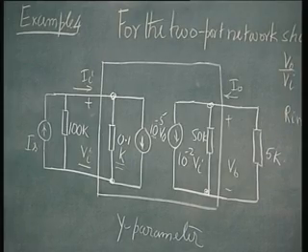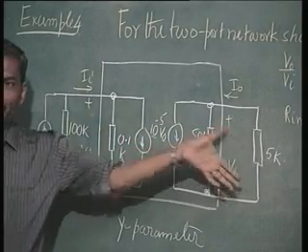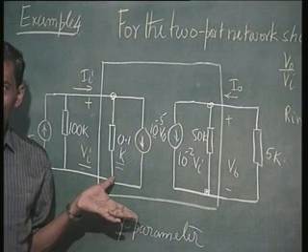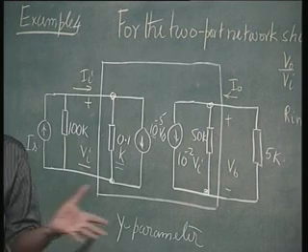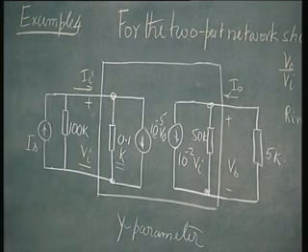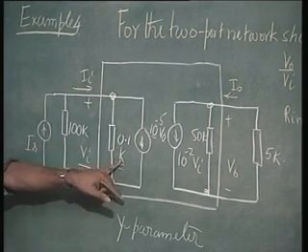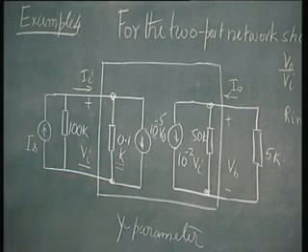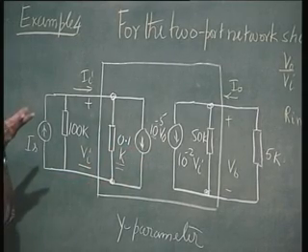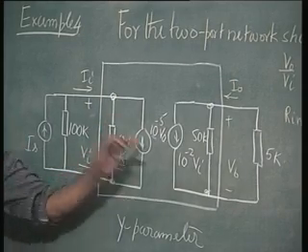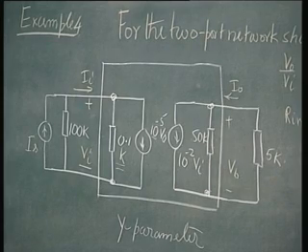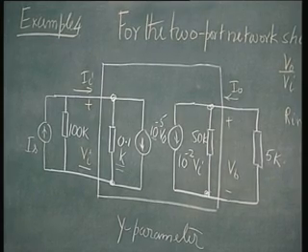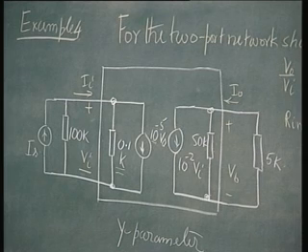So the effect of the interaction of the output at the input is to boost up the impedance from the original 100 ohms. Because of this reverse transmission, it has become more than 100 ohms. It is simulating a negative resistance across this positive resistance and boosting up the input impedance. This is called positive feedback.